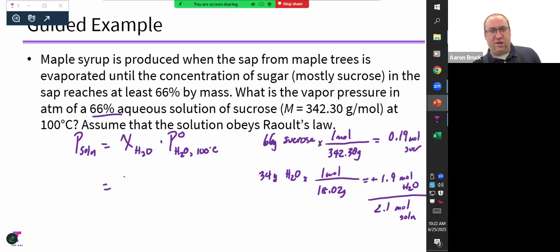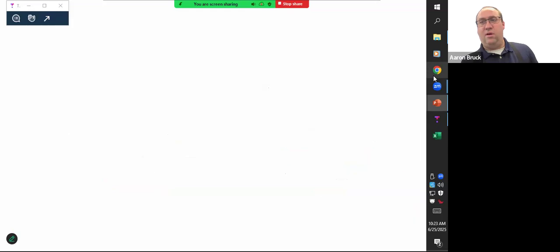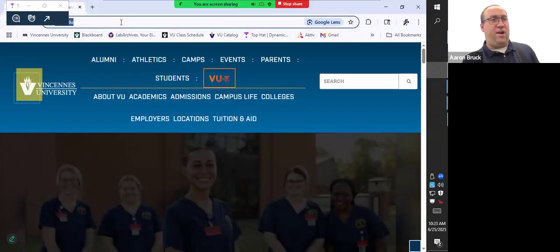So to find mole fraction, 1.9 moles of water divided by 2.1 moles of solution. That's our mole fraction. Our vapor pressure, we're going to have to look up. I do not have that one at the ready.